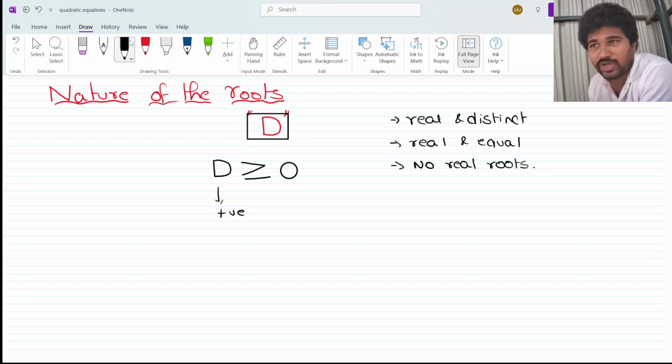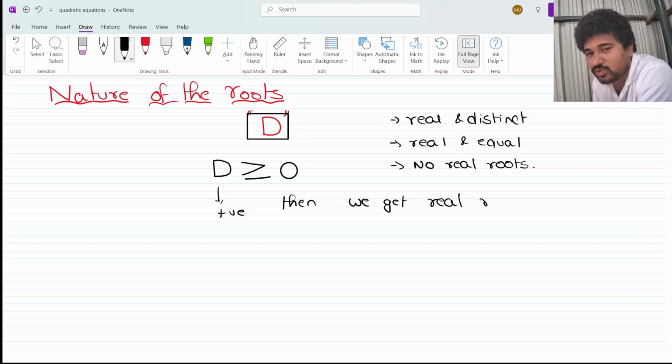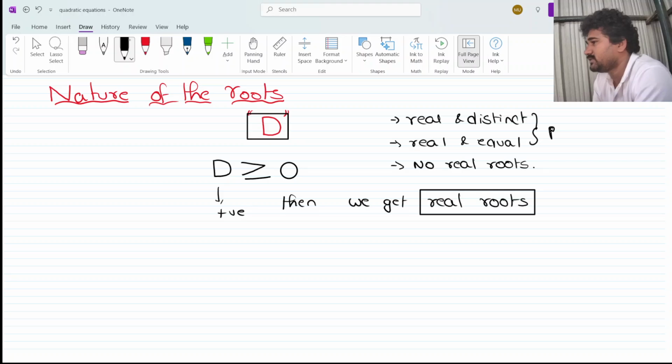If D is positive, meaning greater than or equal to 0, then we get real roots, which means both of these are possible. Is that clear? I didn't tell any one.